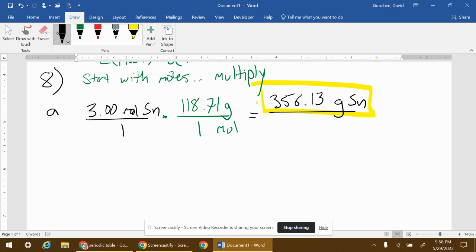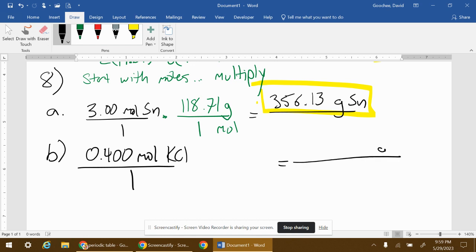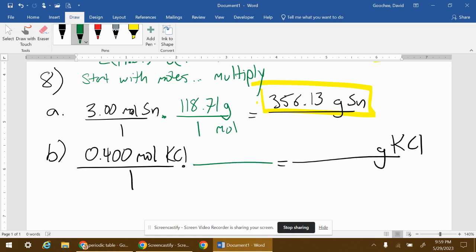All right, let's do another one. These ones aren't so bad. B, all right, we're starting with 0.400 moles of KCl. And we want to figure out how many grams of KCl that is. Well, we want to get out of moles into grams. We have a little bit of work here because KCl is a K plus a Cl.